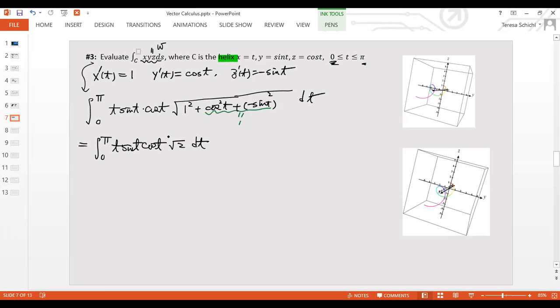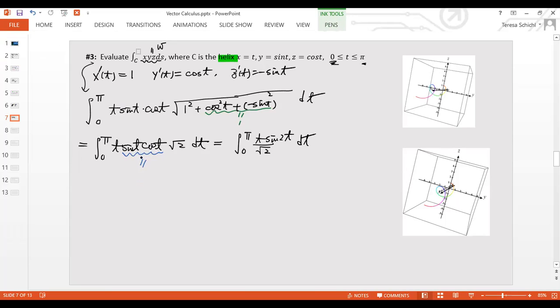Now in here, you can use the double angle formula. So I change it a little bit. This is from 0 to pi, and then this will be the square root of 2, then t sine 2t dt here, right? I just combined these two.